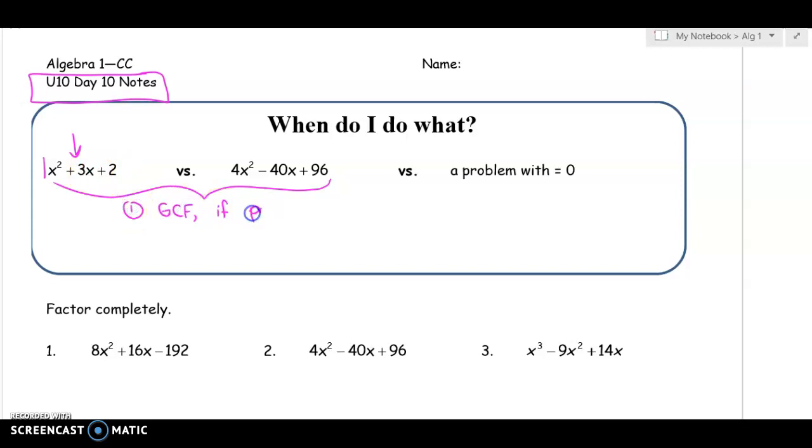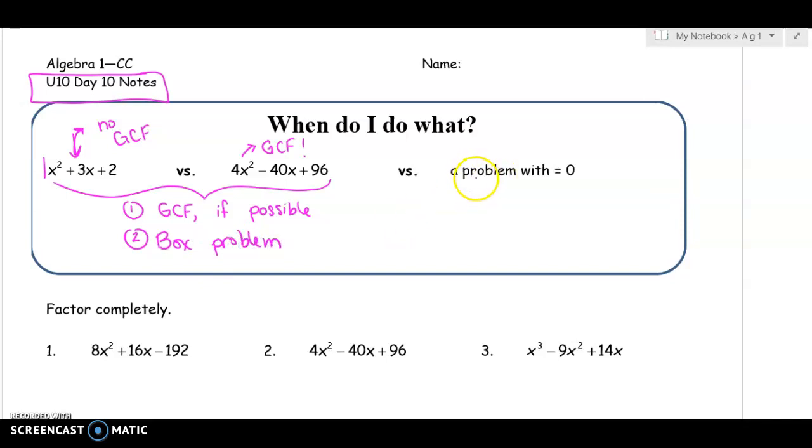So if you have a number other than 1 in front of the x squared, that's going to have a GCF. If it just has a 1 in front of the x squared, there is no GCF, other than 1, which isn't anything big deal. And then after that, you do a box problem. So the whole multiplies to be this, adds to be that.